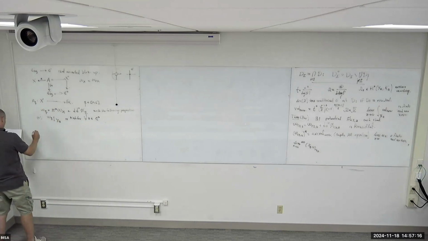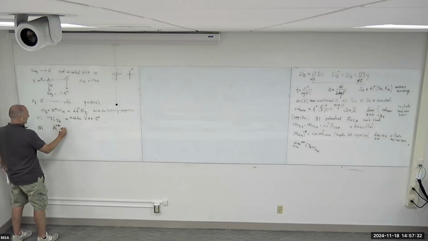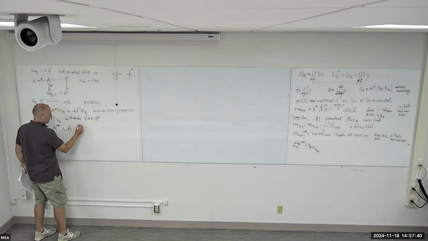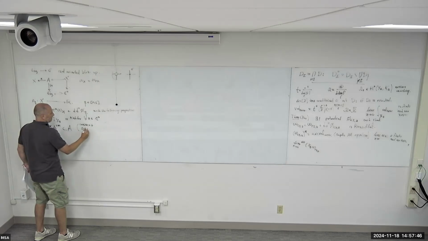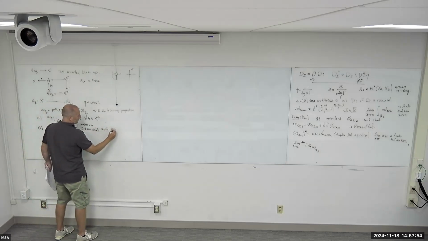B. There is a region, and this region, there is a region that I am going to draw. Let me call it A. And this region is a codimension 0 submanifold with boundary and corners.